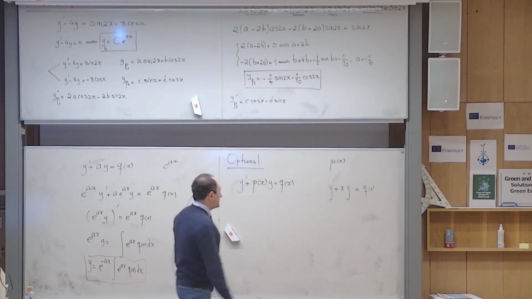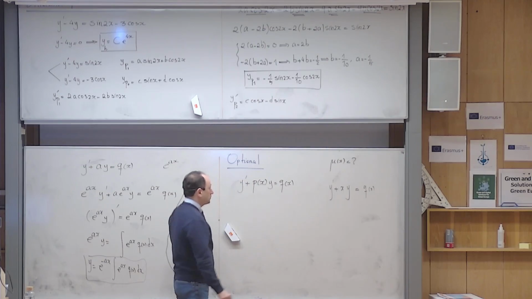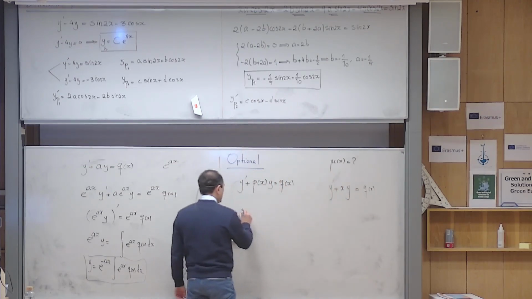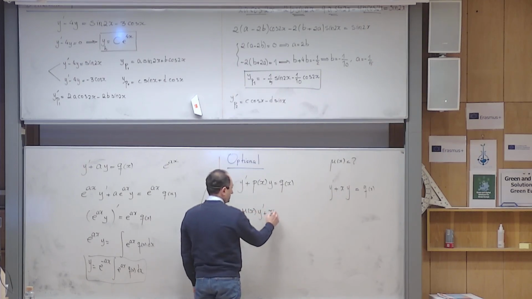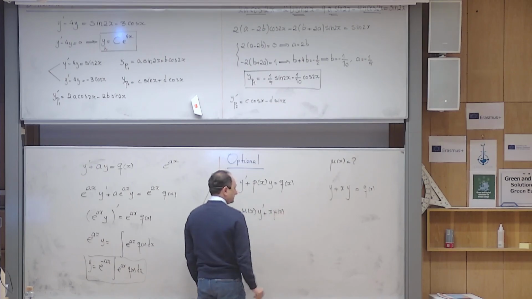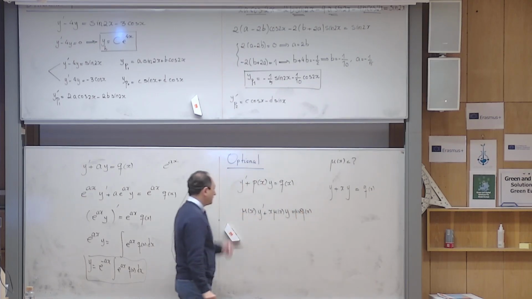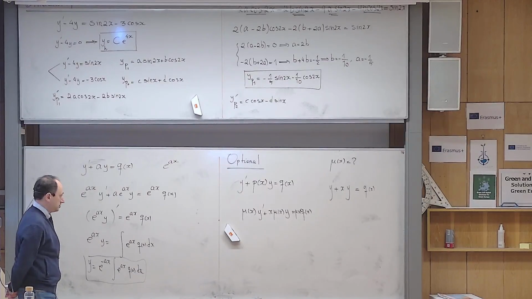So my question is, can I find this function in a way that when I multiply both sides of the equation by it, so let us do that. This is the scratch work mathematicians do. So you multiply both sides by mu of x.